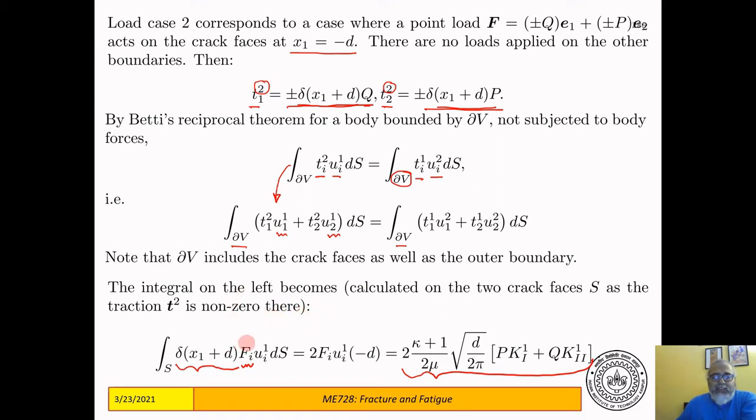In that case, this picks out the value of Fi ui at D. So at D, Fi is either P when i is equal to 2 or Q when i is equal to 1, and at minus D, because this is x1 plus D, you are left with u1 at minus D.